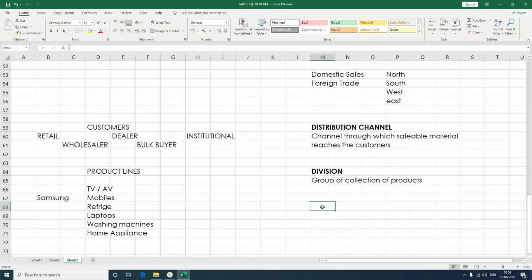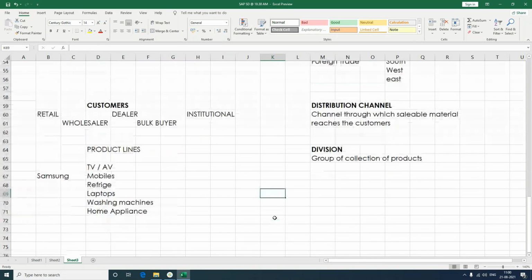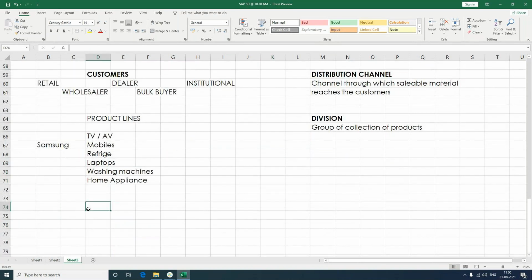Okay, and as a customer, if you're interested in purchasing any product, how do you do that? How do you purchase the stock? Basically, the customer tries to visit a branch office or company stores or outlets.